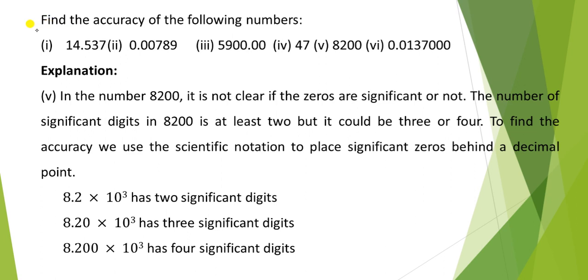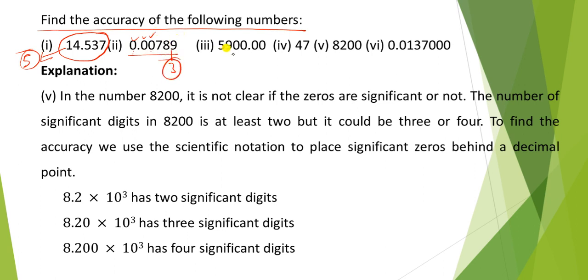Now next, let us consider examples based on the accuracy of numbers: the number of significant digits in each number. This number has 5 significant digits or 5 significant figures. In this next number, because 0.00 are the leading zeros and leading zeros are not significant, this number has 3 significant digits.